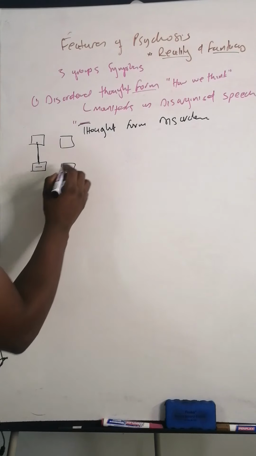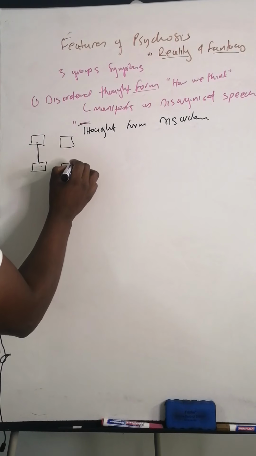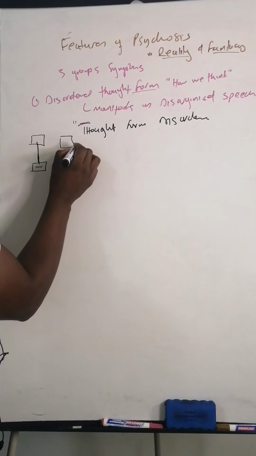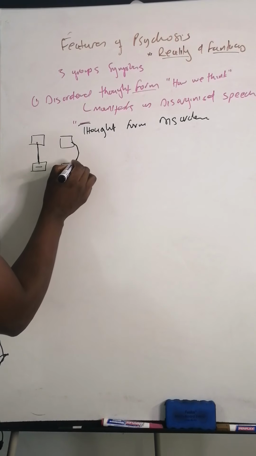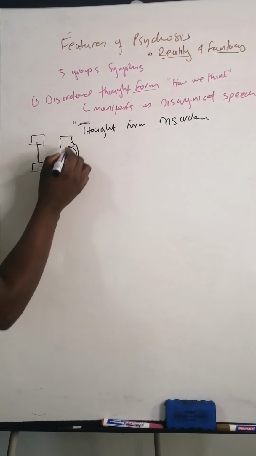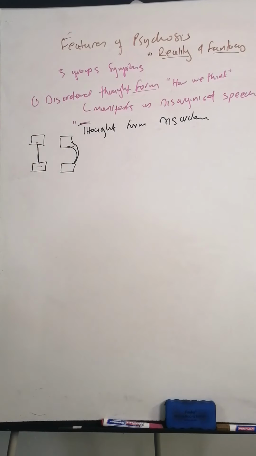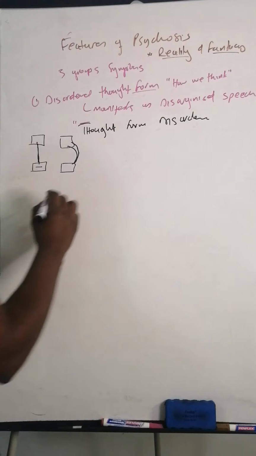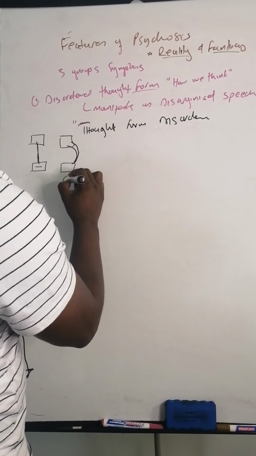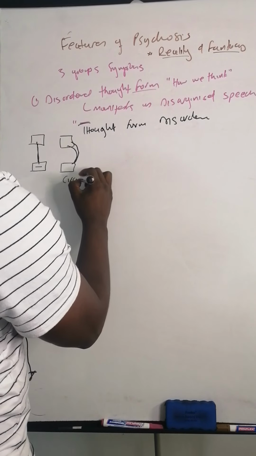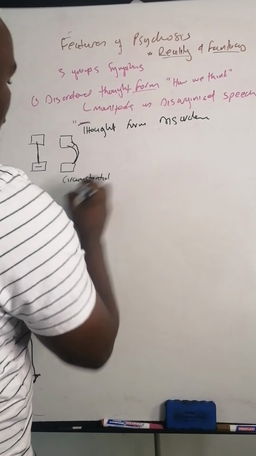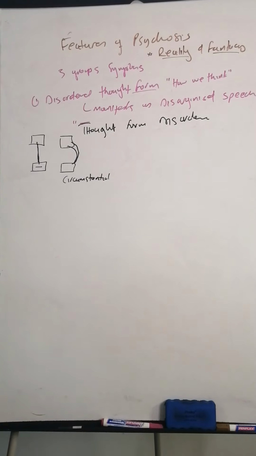So that person is answering you, but is starting with other unnecessary information. But at the end of the day, they do answer your question. This is what they call circumstantiality.